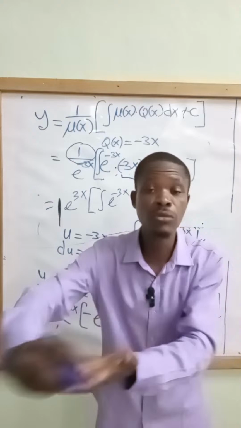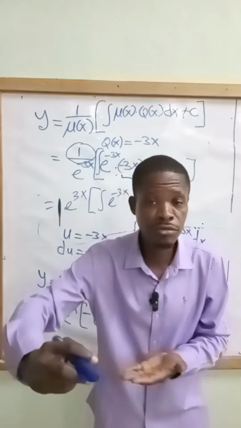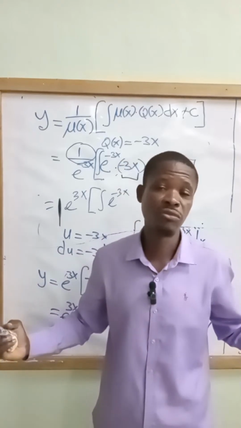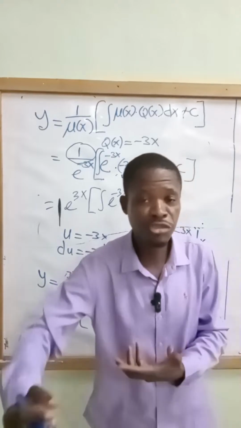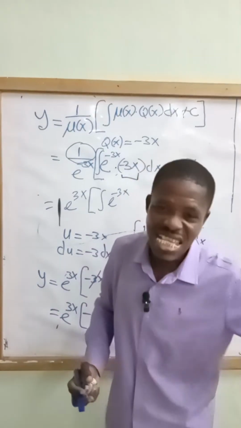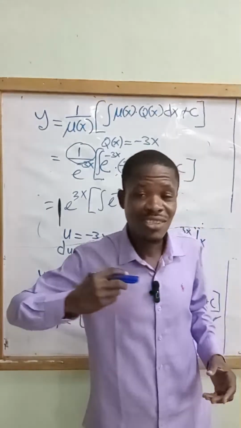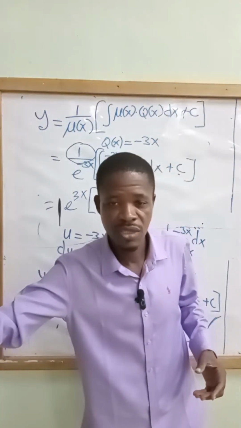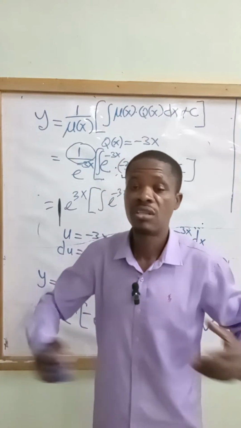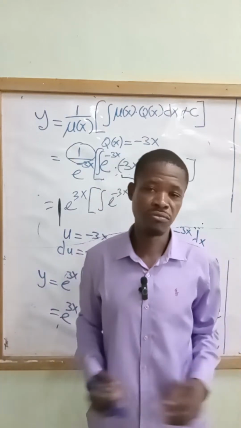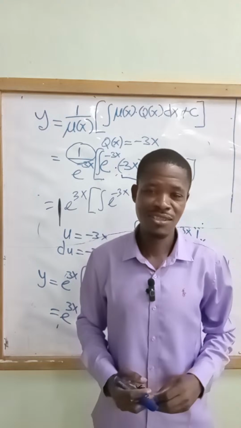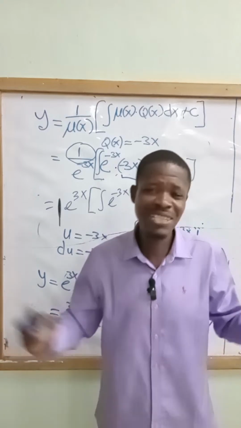Everything is governed by rules. Once you do that, it will lead to a linear differential equation. Then after that, you get your integrating factor. And finally, you get your general solution. It's as simple as ABC.